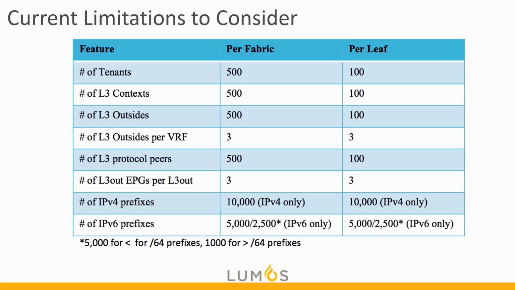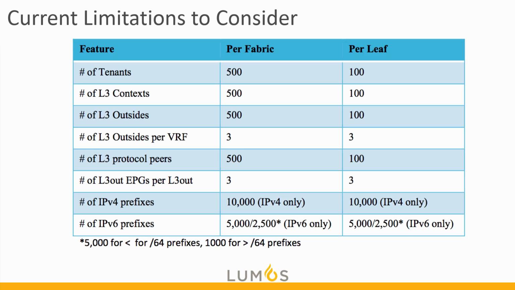You'll notice here that the number of L3 outs per VRF, not necessarily per tenant, is currently limited to 3 per leaf and also 3 per fabric wide. So I could have essentially 33 VRFs, each with 3 L3 outs, or any combination therein that would get me to 100 L3 outs per leaf, or again, 500 per fabric wide.